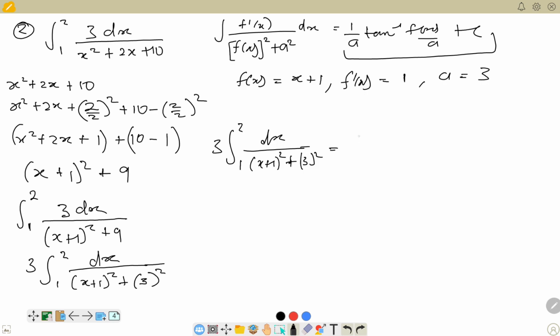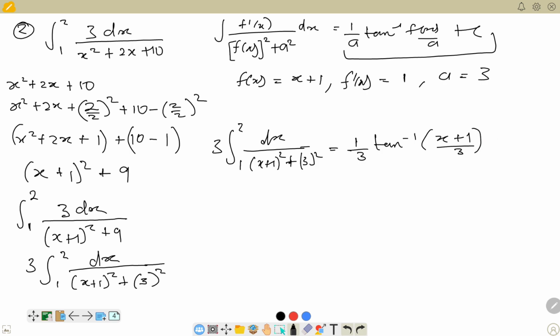So it's going to be 1 over a, which is 3, then arctan of f of x, which is x plus 1, over a, which is 3.